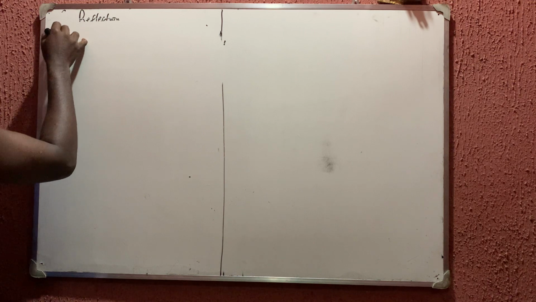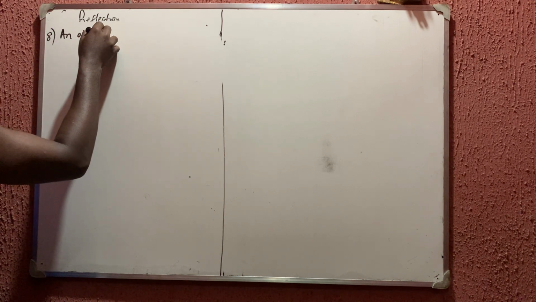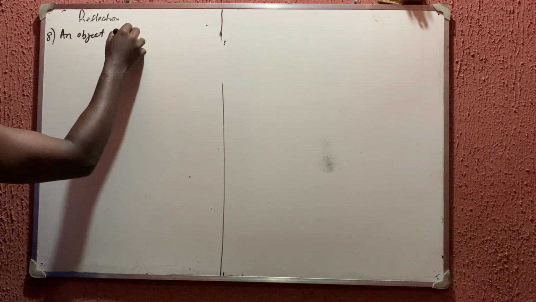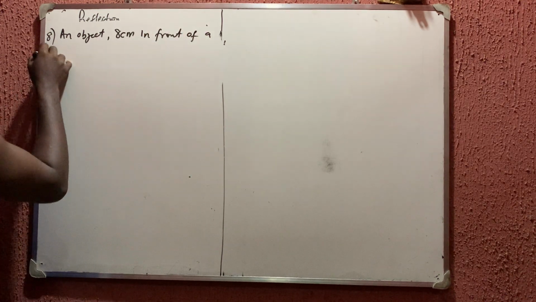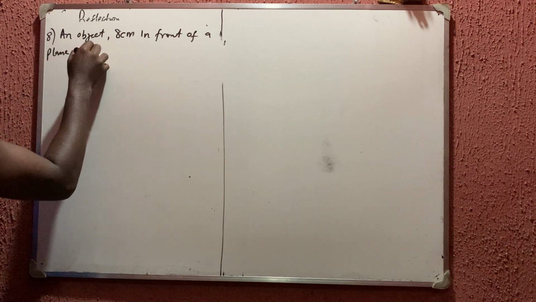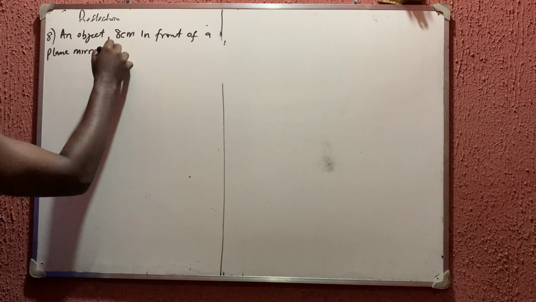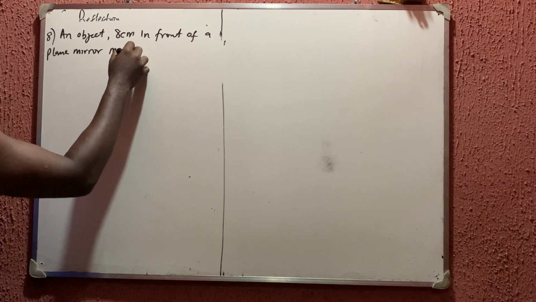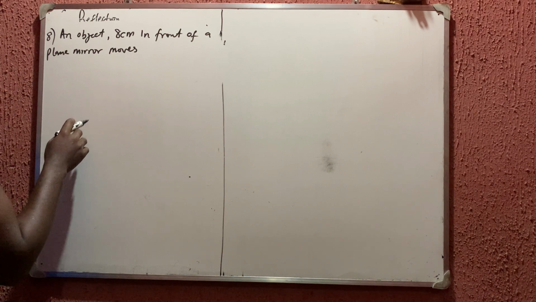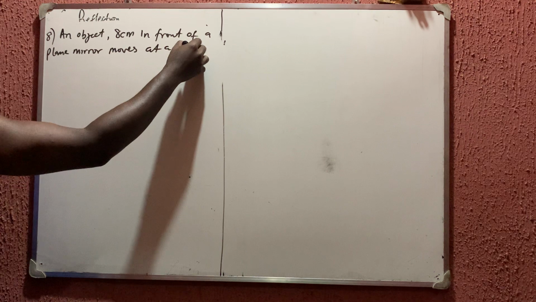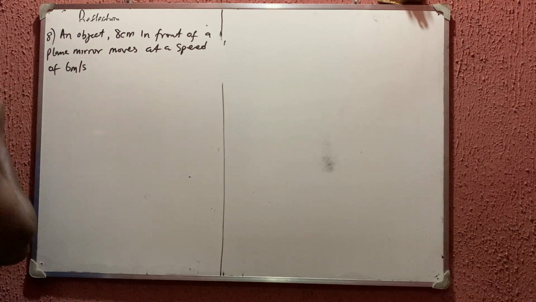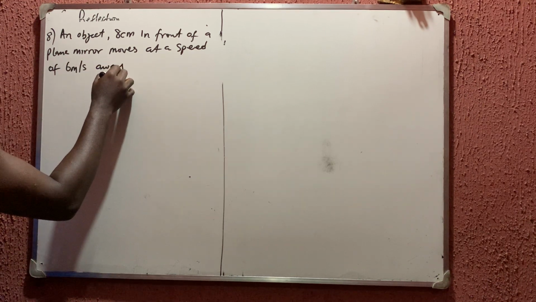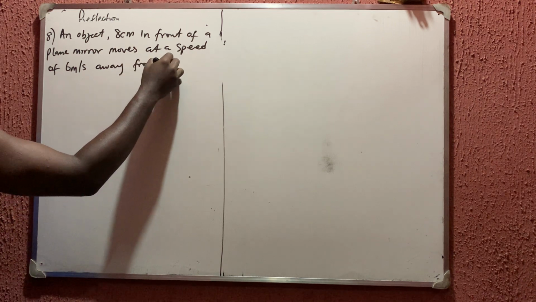So question number 8 said: an object 8 cm in front of a plane mirror moves at a speed of 6 cm per second away from the mirror.